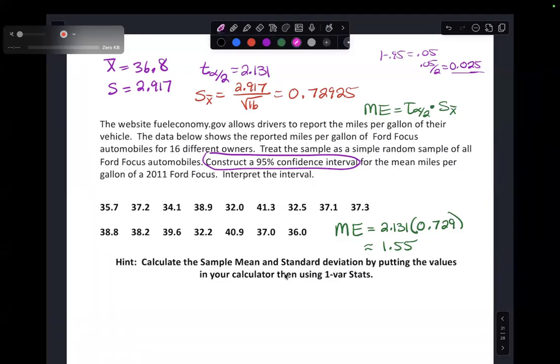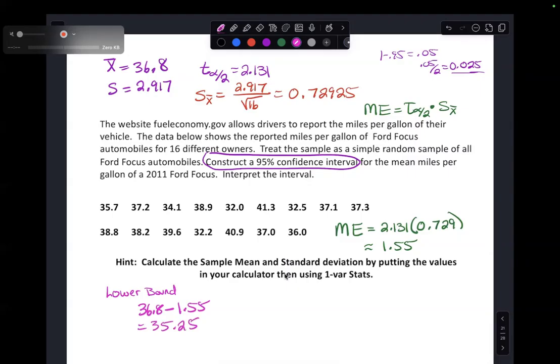So let's get our lower bound and our upper bound. My lower bound is going to be my mean minus the margin of error, which is 35.25.